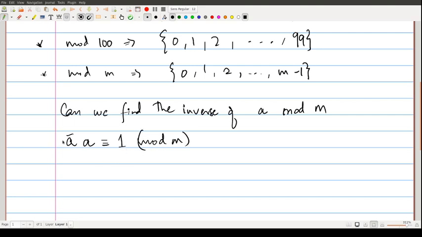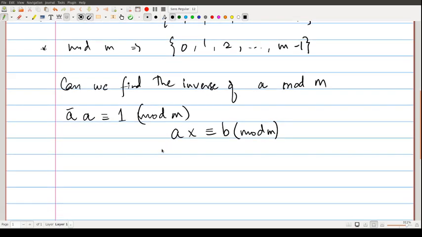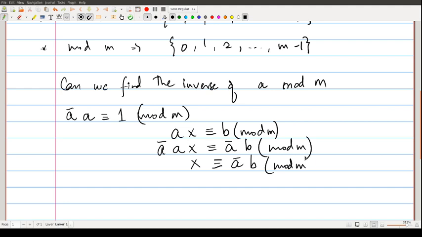If we can find this, then any equation of the form ax congruent to b mod m can be solved by multiplying by a inverse on both sides. When you multiply them, this is congruent to 1, so we can just write x congruent to a inverse b mod m, and that would be your answer, right?